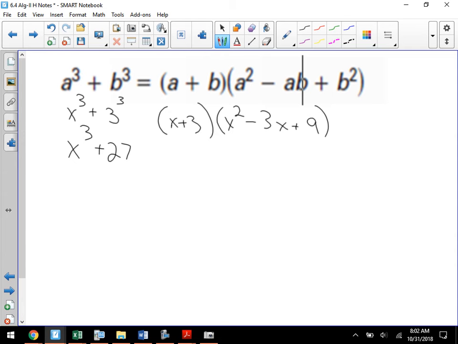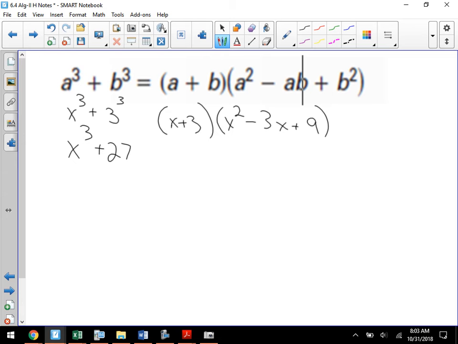The way that this works, guys, is you take the cube root of the first and the last term, and then it's just squared, multiplied together, squared. Notice the signs. Same, change, same. Plus, minus, plus.